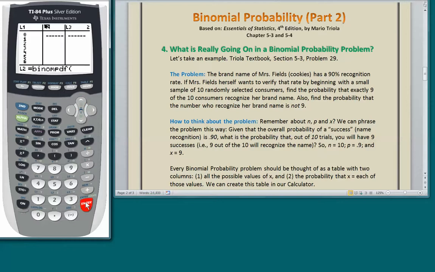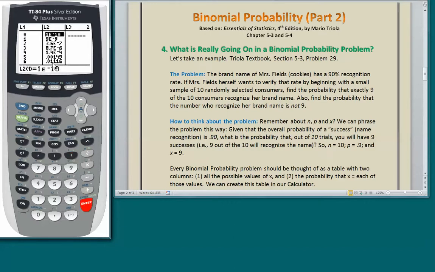And what I need now to tell the calculator is N and P. Remember, every binomial probability problem, you should think N, P, x. For this purpose, we only need to put in N and P. And we see here that N is 10 and P is 0.9. So we're going to put those in here. 10, then I'm going to put a comma, and then I'm going to put 0.9. I'm going to close the parentheses, and I'm going to hit enter.